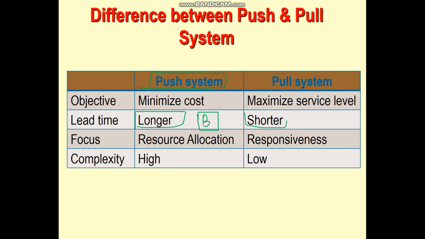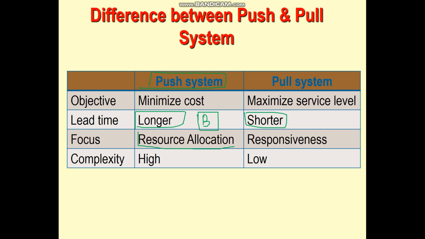Conversely, if we use the pull system, the customer doesn't need to wait for a long time, so the lead time is shorter. And for the push system, they focus on resource allocation.